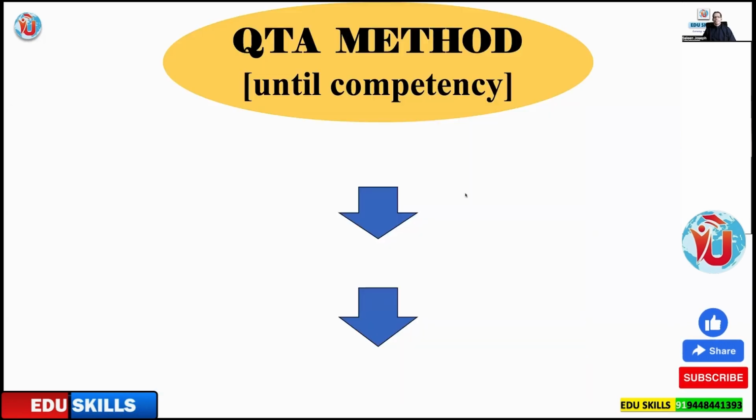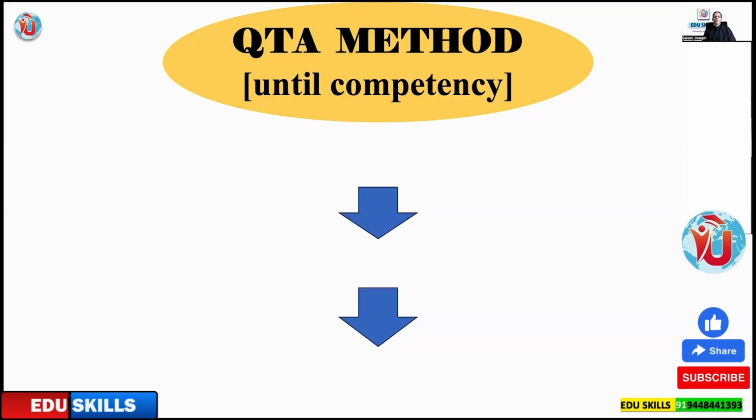And as I said, QTA method, there were so many queries. That's why I put something in the bracket, which was not there earlier when I taught you: until competency. QTA method: question, text, then answer options in part C. Whereas in part D, it is different. Part B, it is different.